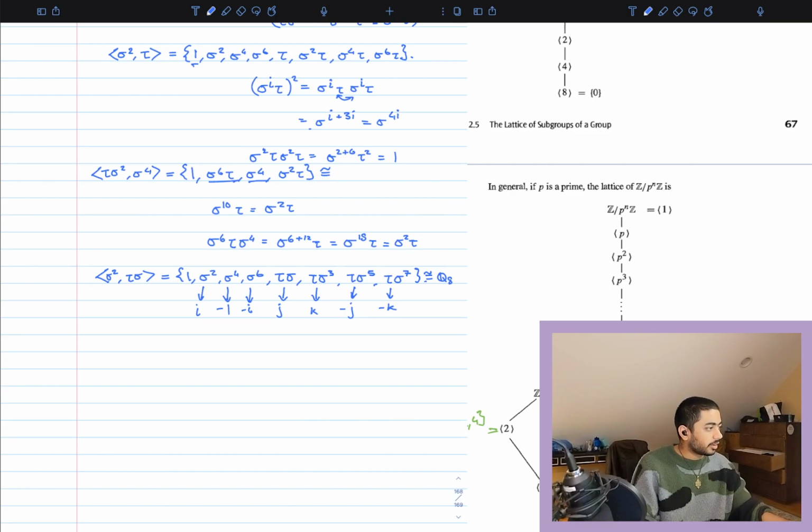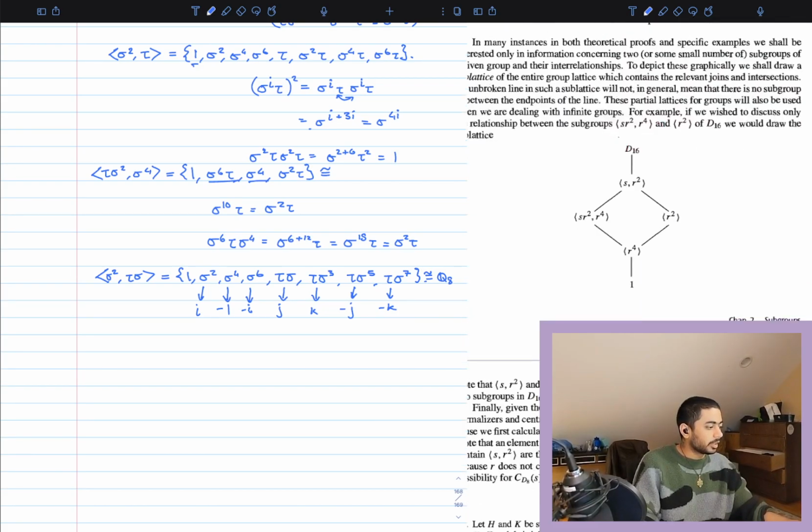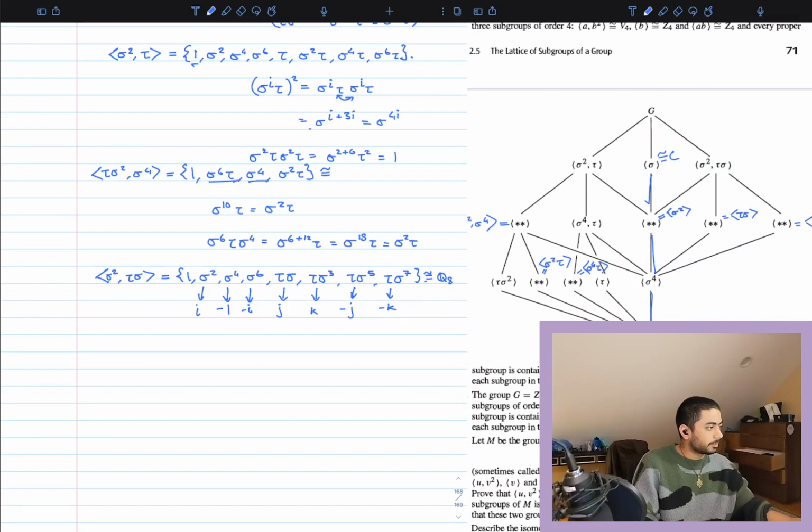And we saw that whenever you have Z mod p^n Z, where p^n is some power of a prime number, just like 8 is actually 2 to the 3, then you're going to get a lattice that looks like a straight line. And that's why down here you have this straight line lattice as far as sigma is concerned. And then similarly, here we have a mirrored version of the quaternion's lattice, because this group is isomorphic to Q8.